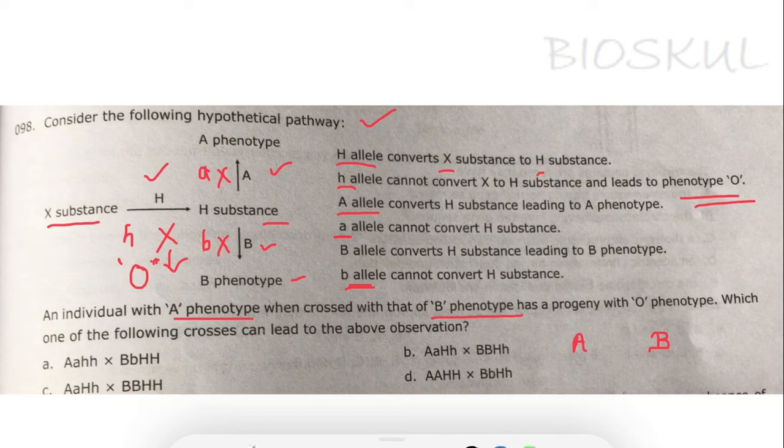When the individual with A phenotype crossed with that of B phenotype has progeny with O phenotype, so if cross between them, then it results in O phenotype. So it is asking which one of the following crosses can lead to the above observation.